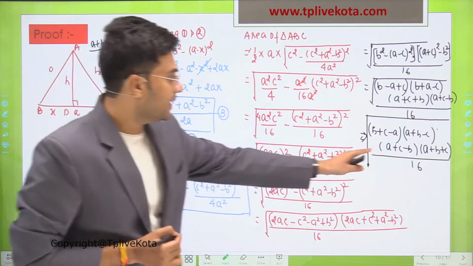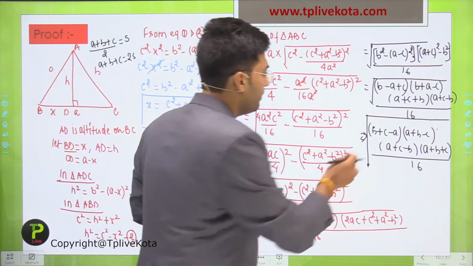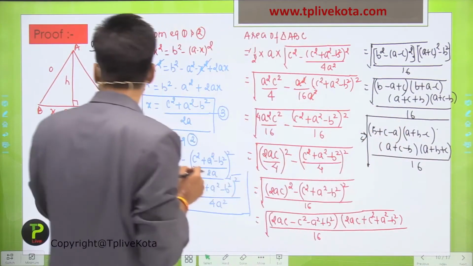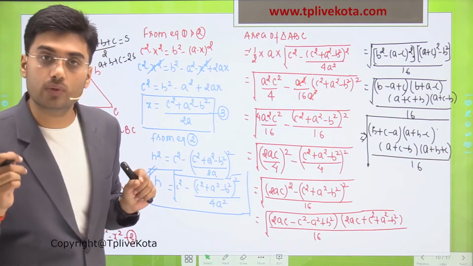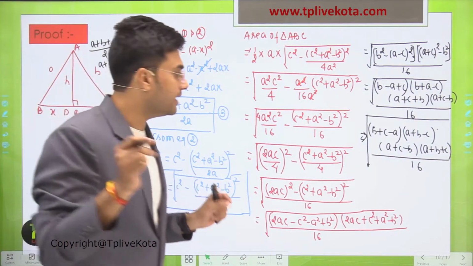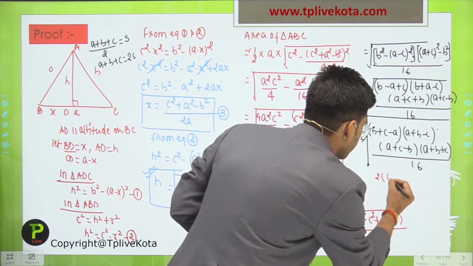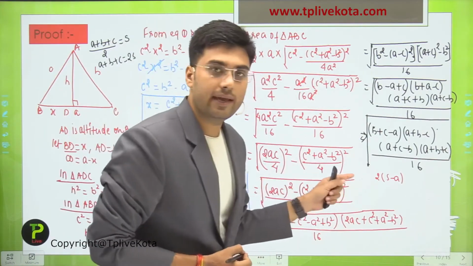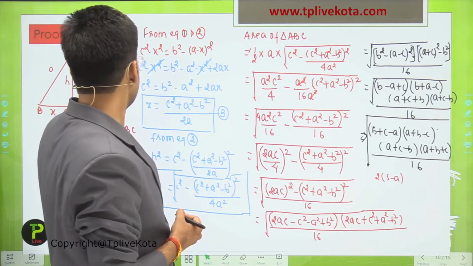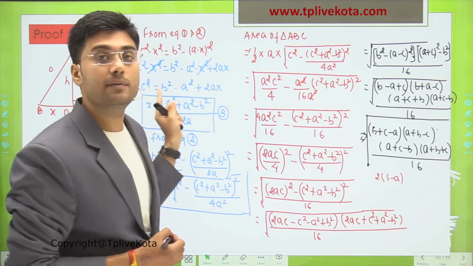Clear? So we can replace a plus b plus c as 2s, and b plus c minus a is 2s minus 2a. So we can write it as 2 times (s minus a), because 2s is a plus b plus c, and when we subtract 2a from this we will get b plus c minus a.